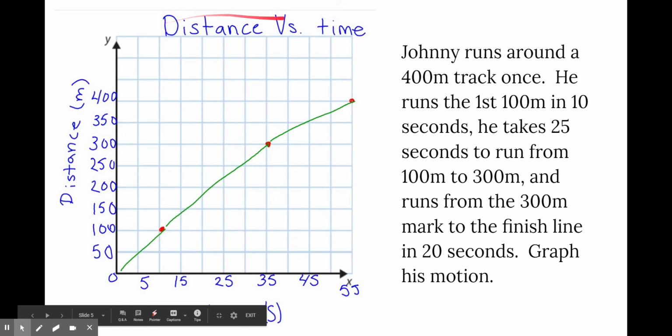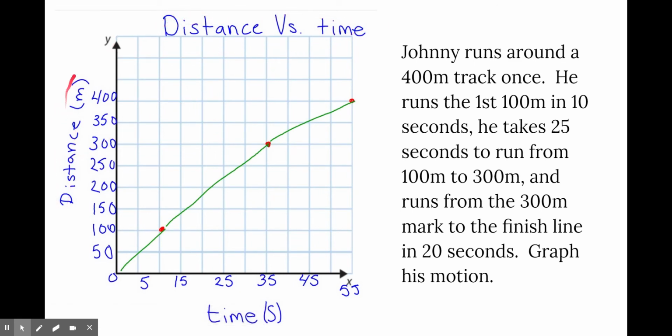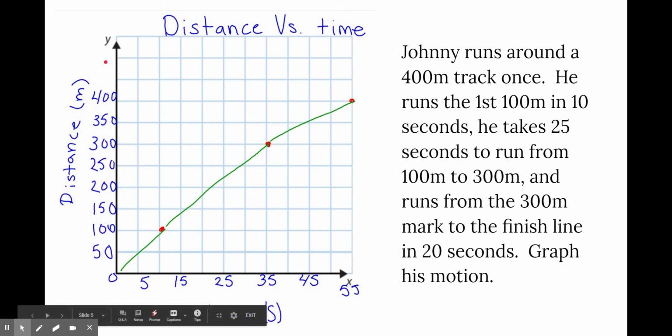First off, I labeled my graph, distance versus time, and then I labeled my axes. My y-axis is where I put my distance. I'm measuring distance in meters, and every line is 50 meters.